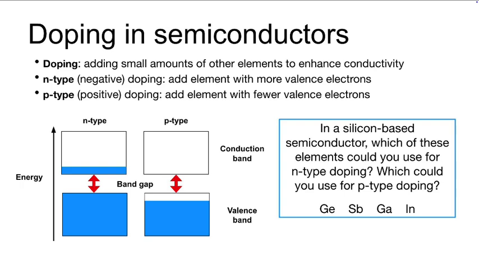We can do what's known as N-type doping, N standing for negative. What things are negative? Electrons. So if we're N-type doping, we're putting an element in there that has more electrons than our silicon. What elements have more electrons than silicon?